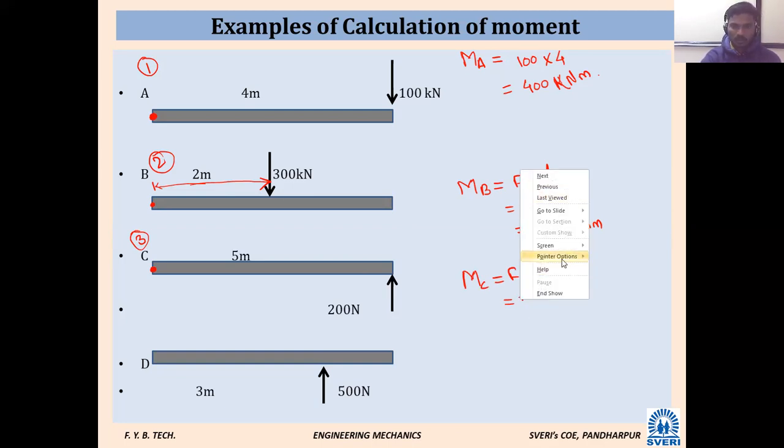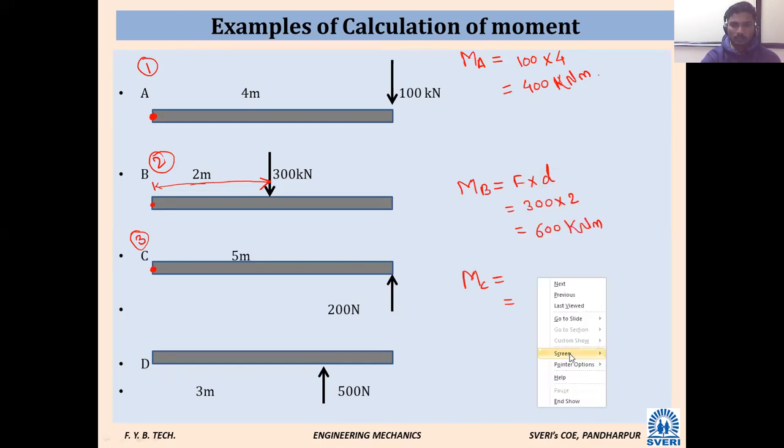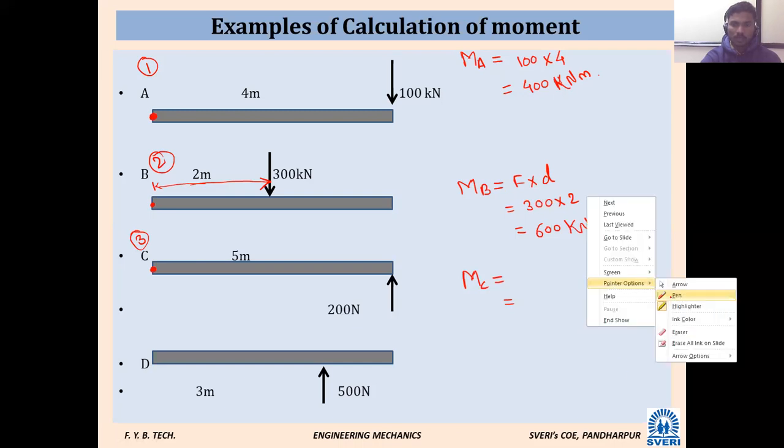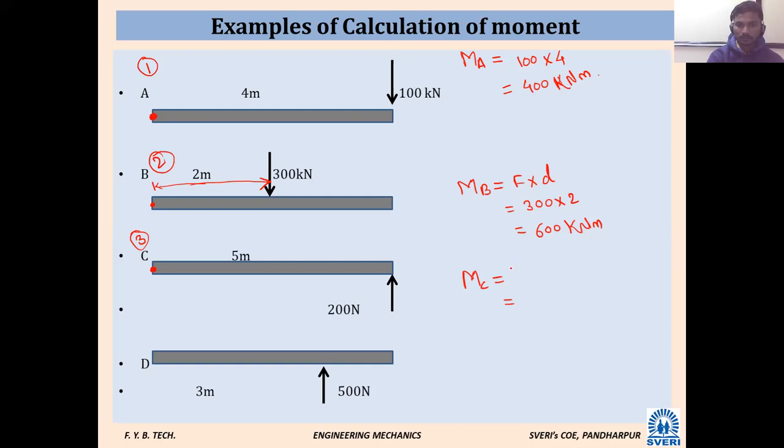So if possible, at the beginning itself, you should give the negative sign: minus F into D. So what will that be? Minus 200 into 5 equal to minus 1000, no? Yes, sir. Newton meter.